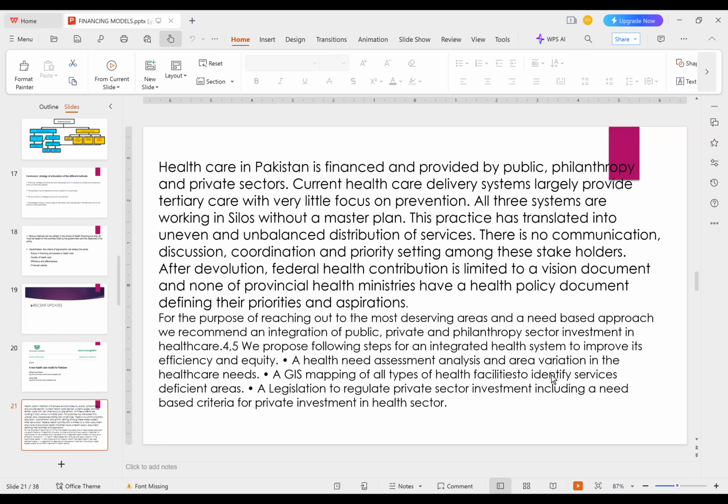We propose the following steps for an integrated healthcare system to improve its efficiency and equity: a health need assessment analysis and area variation in the healthcare needs, a GIS mapping of all types of healthcare facilities, identifying services deficient areas, and a legislation to regulate private sector investment, including a need-based criteria for private investment in the health sector.